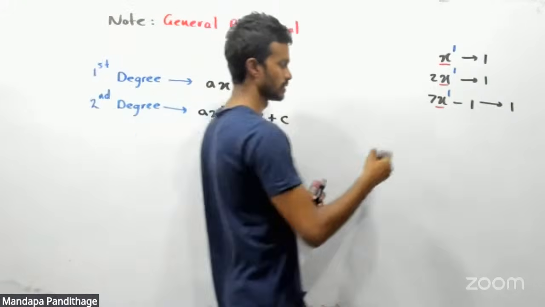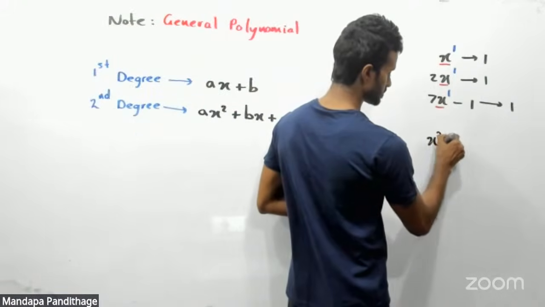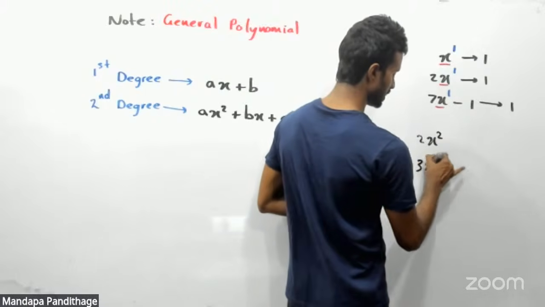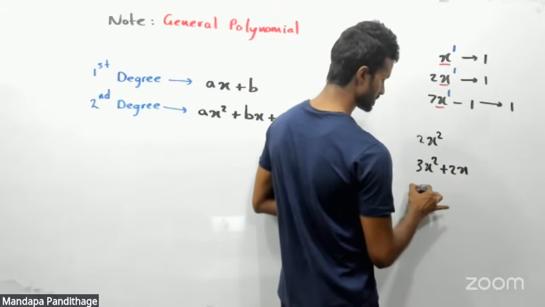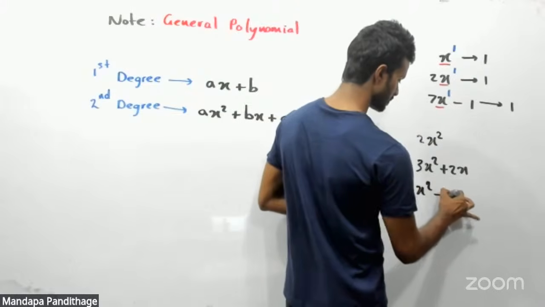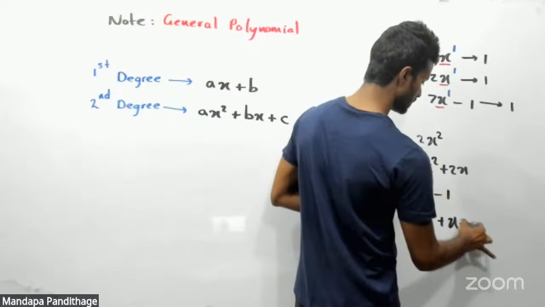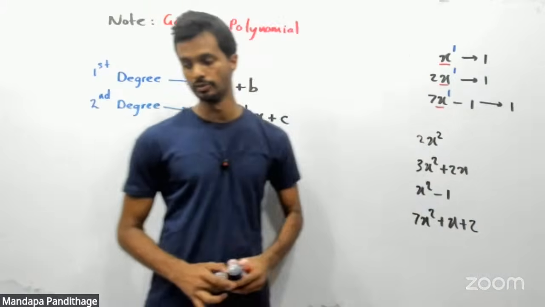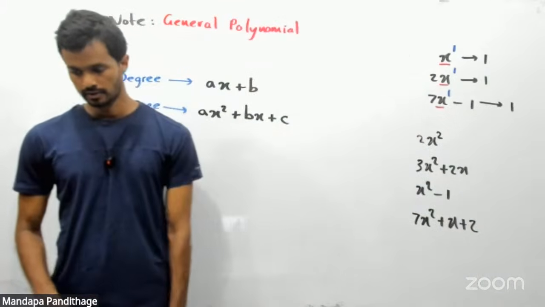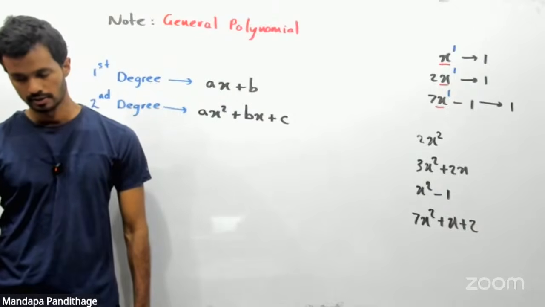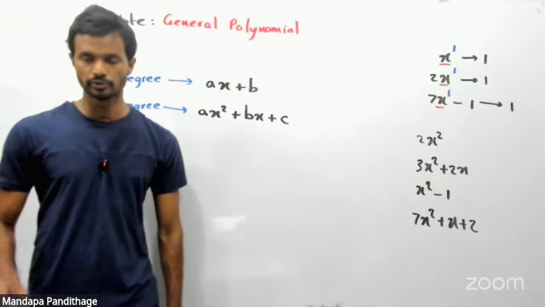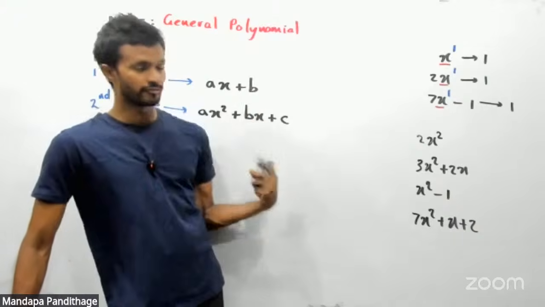Like if I write these, now tell me in these examples, how much is the degree? What can you say about the degree of these 4 polynomials? Yeah, wait, I'll come to degree 0. A good point. I'll talk about that after writing all these.